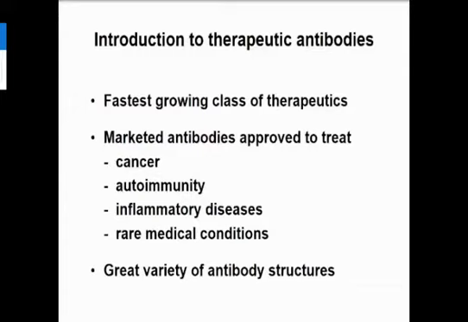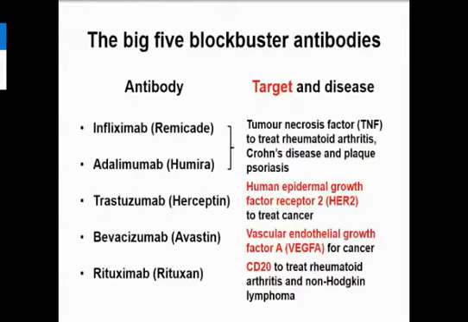And there's a great variety of different structures that are now emerging, and I will touch on that in the lectures next time. But there's a variety of ways that antibodies can be modified to make them even more useful. And the big 5 blockbusters that have kind of led the way and made so much money for the companies that made them are indicated here.